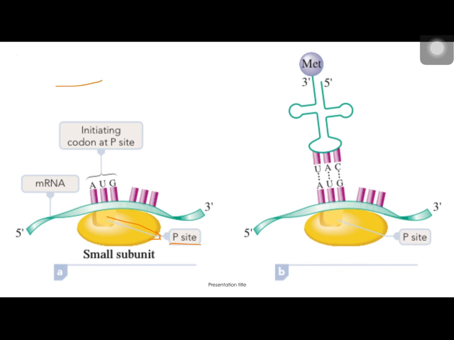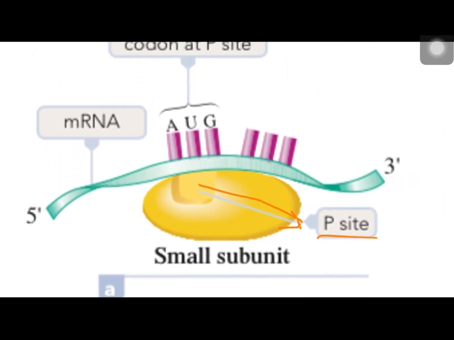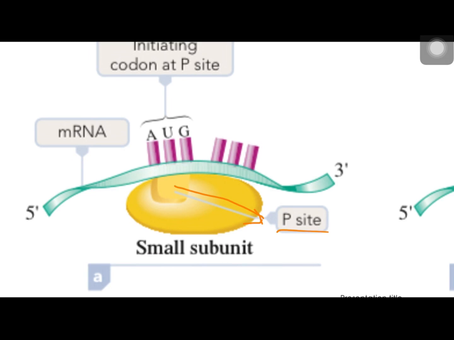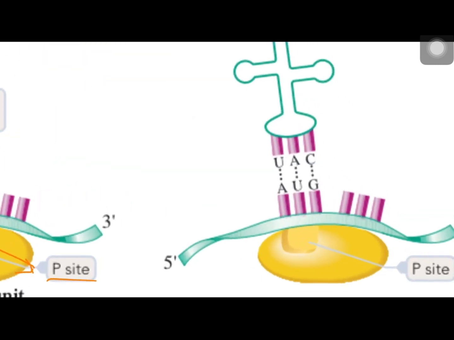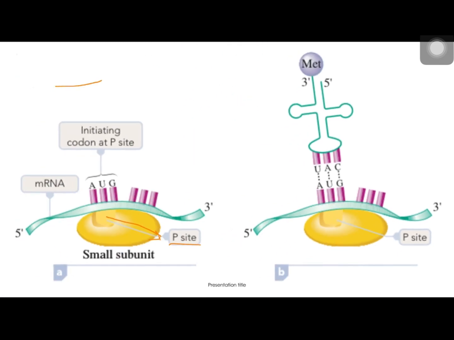What will happen in the second step is that the mRNA attaches to the surface of the small subunit so that the first codon, which is always AUG, is at the peptidyl site, or P site, like this one right here.